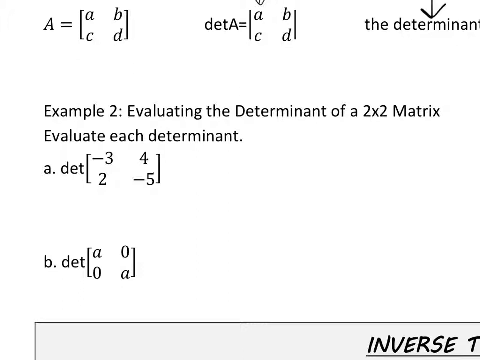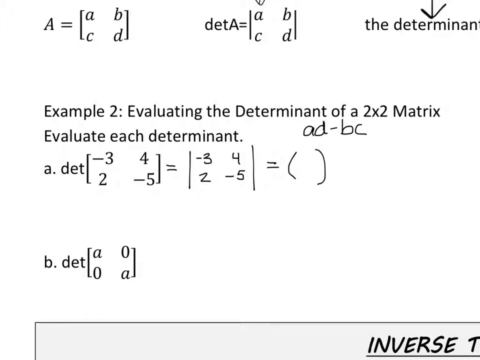So here's our matrix, and we're supposed to find the determinant of it. We write that by taking away the brackets and just putting it in bars. That step is not totally necessary, but I want you to be able to recognize it. That's talking about the determinant. So now we need AD minus BC.